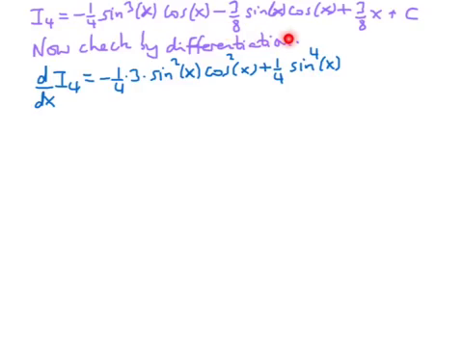We now move on to this. So for the next term we have minus 3/8, and the derivative of sine is the cosine of x, and that will be multiplied by this cosine here, so we get cosine squared of x, and then we have minus 3/8 sine of x multiplied by the derivative of cosine.